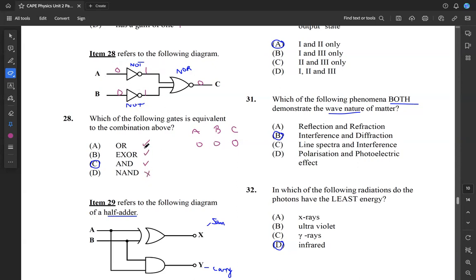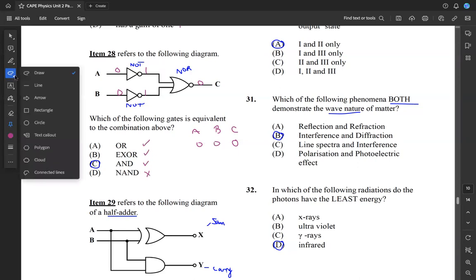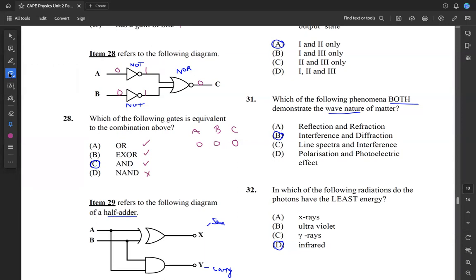So now we have to choose between these three. Let's try another input. Let me erase this, and we'll try inputting 1, 1.